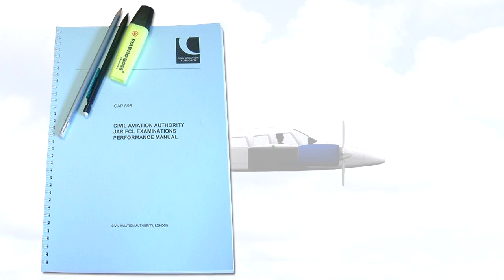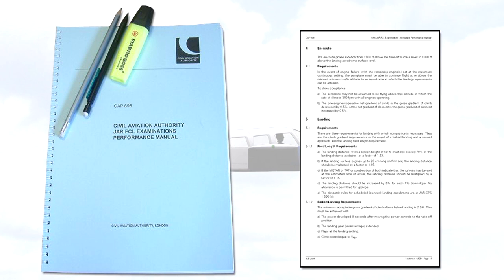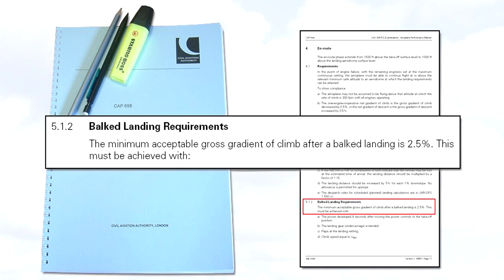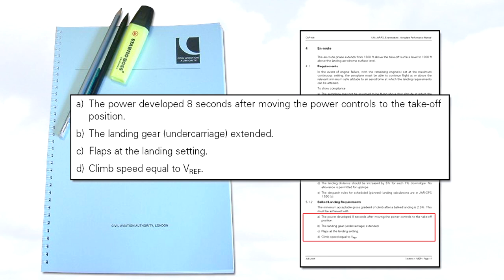We did mention earlier that the CAP manual shows the climb requirements. On page 17 of section 3 is the all-engine climb gradient requirement, which, in CAP 698, is called the balked landing requirement. This repeats that the gradient of climb must be at least 2.5%, and that this gradient must be achieved with these conditions.